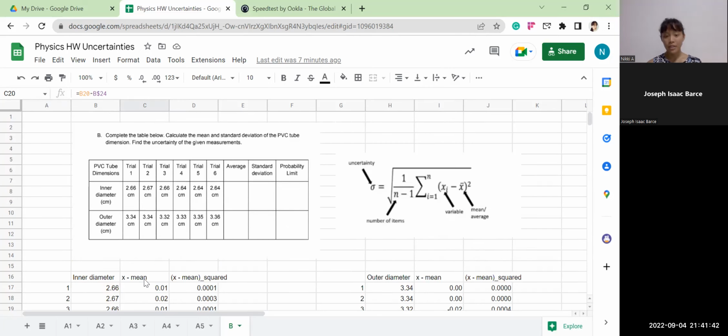Now that you got the differences, sabi dito, look at the formula. Sabi, variable minus mean squared.